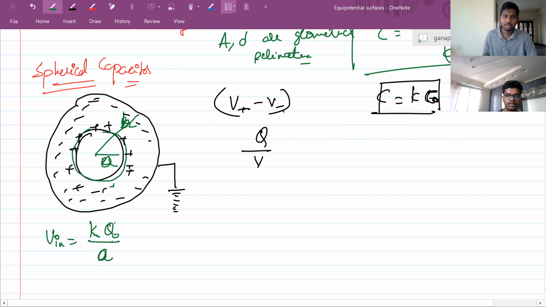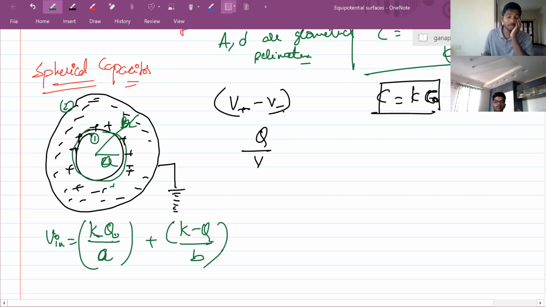V inside will be due to two spheres. This is one, this is two. One is due to KQ by A plus the other one should be equal to K into minus Q by B. Do you accept this or not?